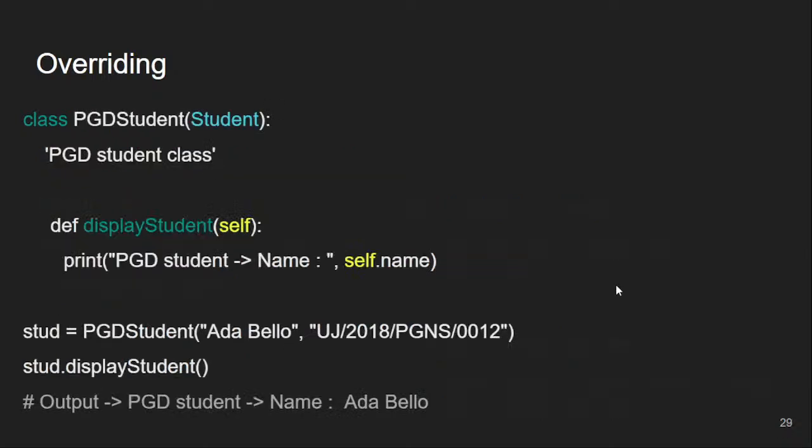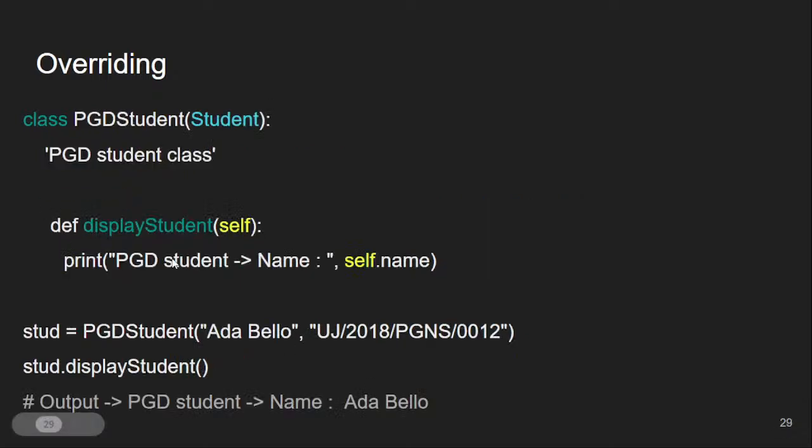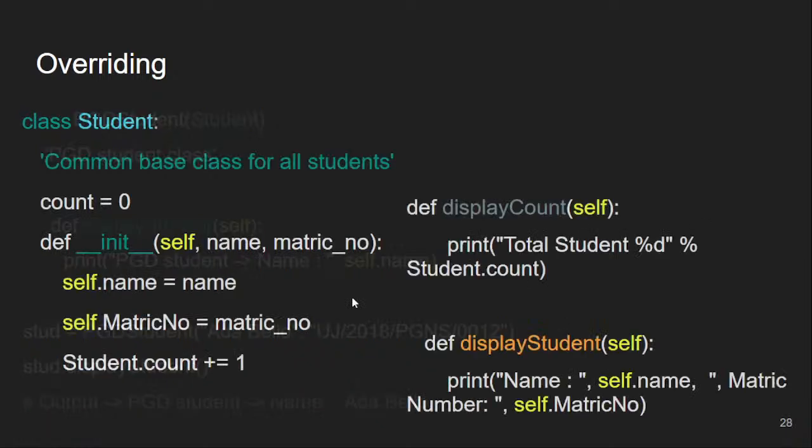All right. Then inside our PG student class, this time we have another definition for display student. So you see that display student is similar to display student here. It's the same name, the same signature, in the sense that they both have self as their parameter.